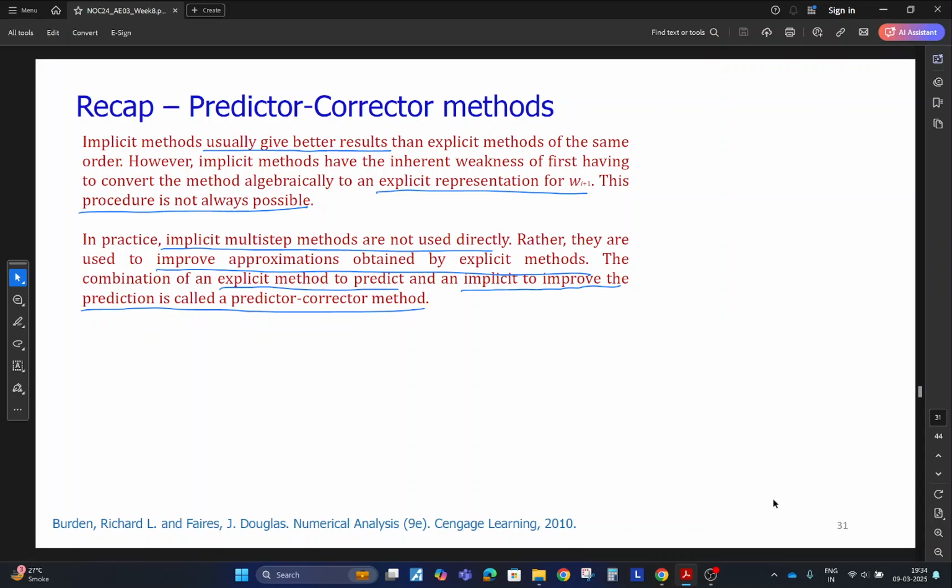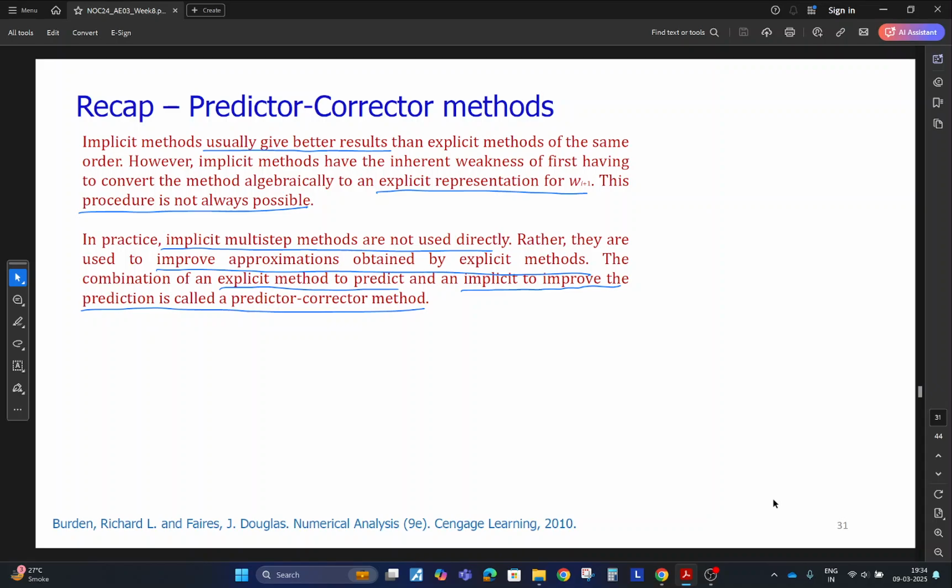However, this procedure might not always be possible. The example that we solved was one of the simpler cases, and so would actually have a simple algebraic expression for w_{i+1}. However, in general, this will not be true.